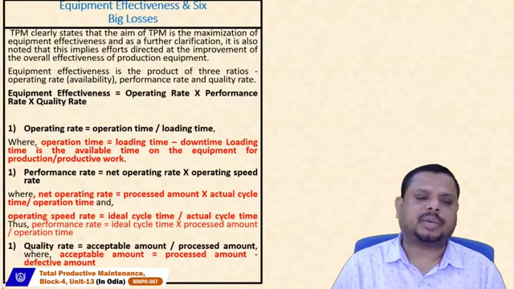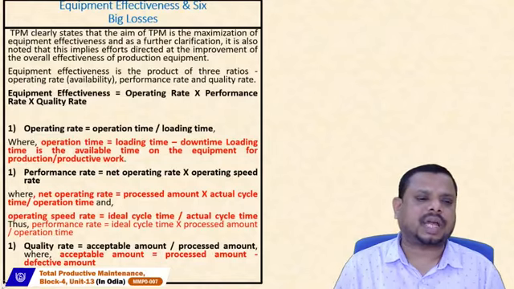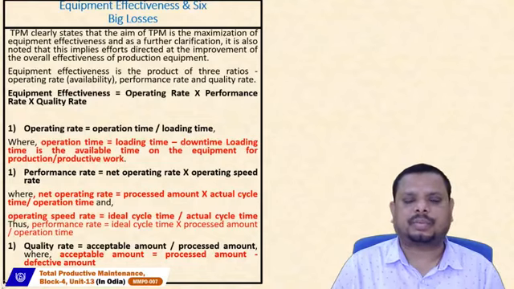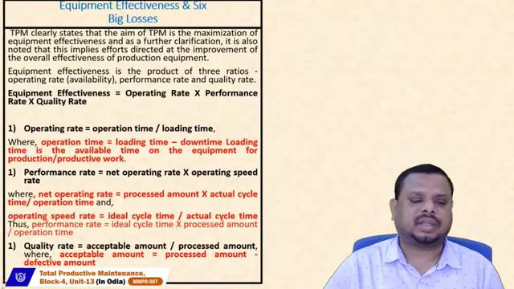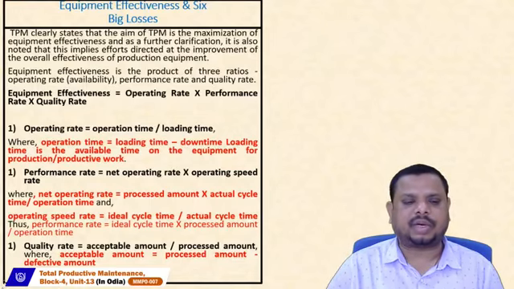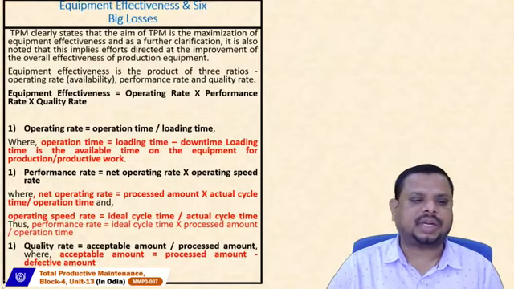So what is the formula for operating rate? Operating rate means operating time divided by loading time, and operating time equals loading time minus downtime. Loading time is the available time on the equipment for productive work. Similarly, the performance rate formula equals net operating rate times operating speed rate.